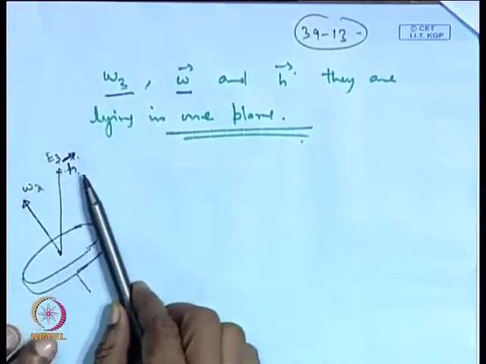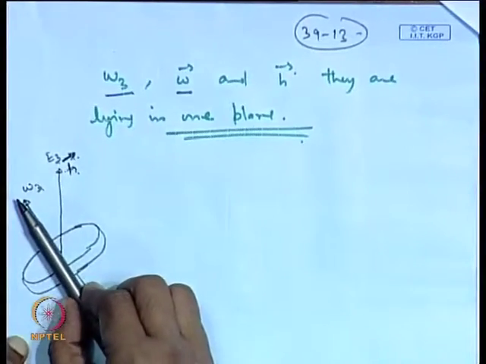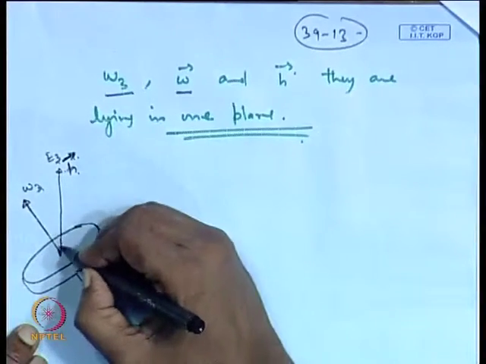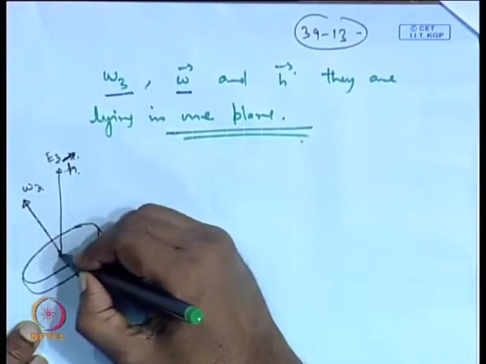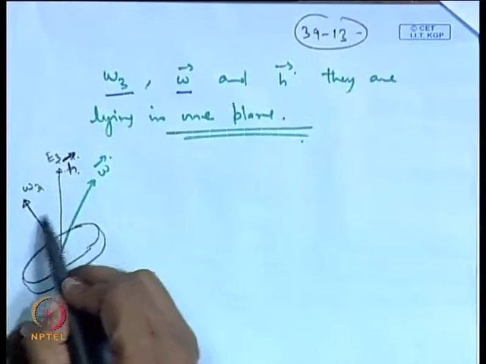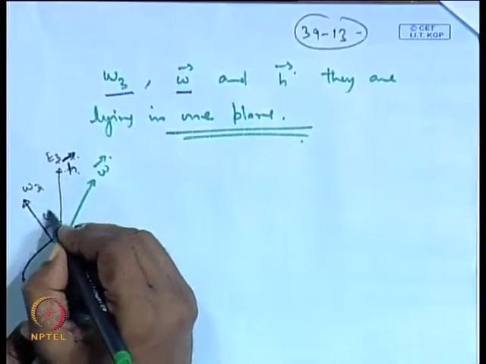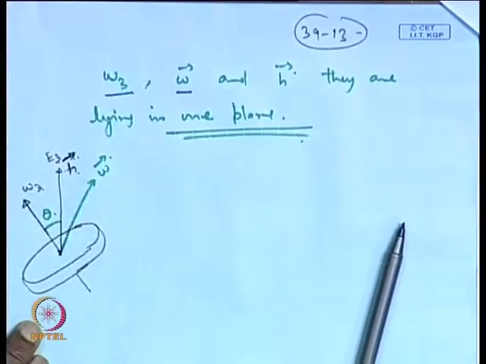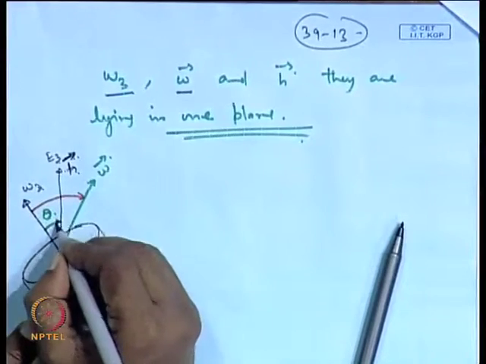So, here in this case what is happening? We have the h vector here, omega 3 is here in this place, and the omega vector is somewhere like this. Okay. So, they are constituting one plane. In this plane, this angle we have indicated by theta, and let us say the angle from here to here is gamma.